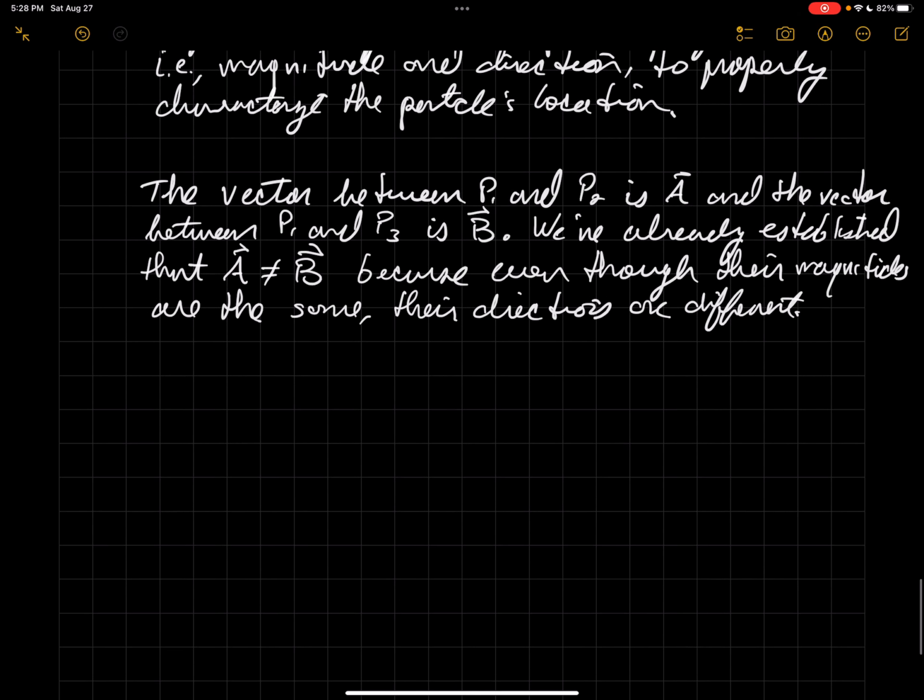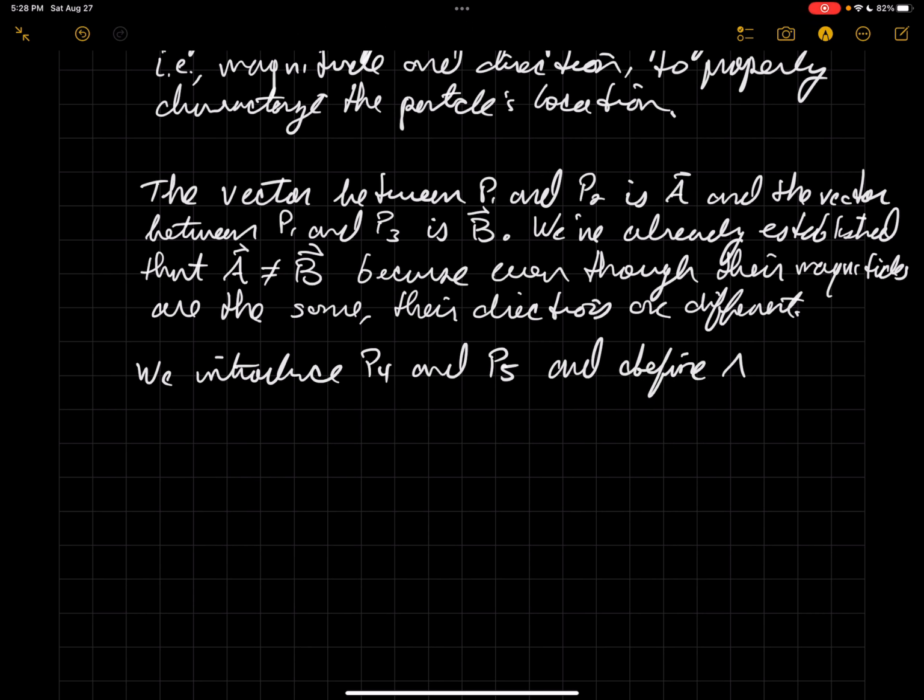Okay, so let's go ahead and summarize this in words. So we introduce P4 and P5 and define vector A prime to be the vector that is the displacement between P4 and P5.